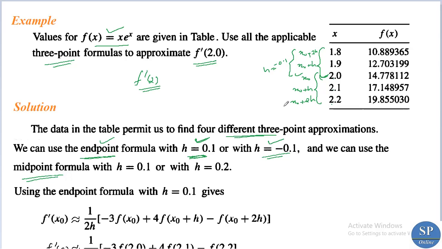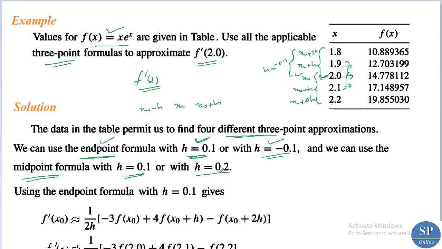Also we can use the midpoint formula. We know in the midpoint formula, to approximate at the point x naught, we have to use x naught plus h and x naught minus h. So we can use these three numbers, that is 1.9 and 2.1. If we are using this as x naught, then this will be x naught minus h and this will be x naught plus h, if we are choosing h equal to 0.1.